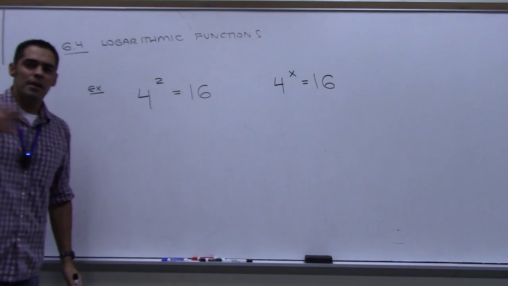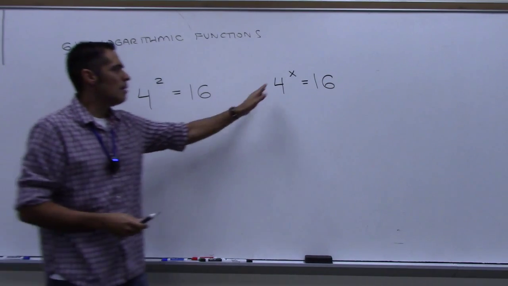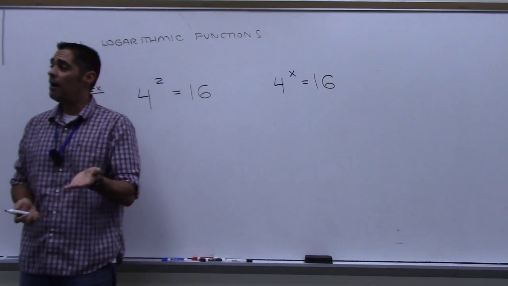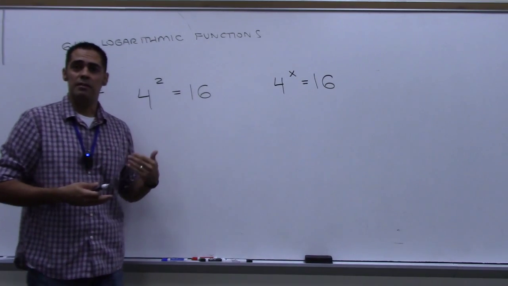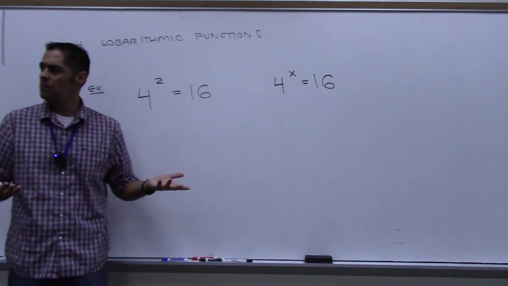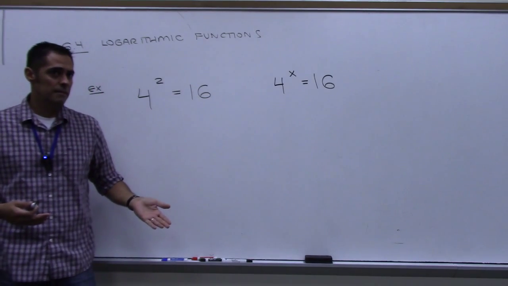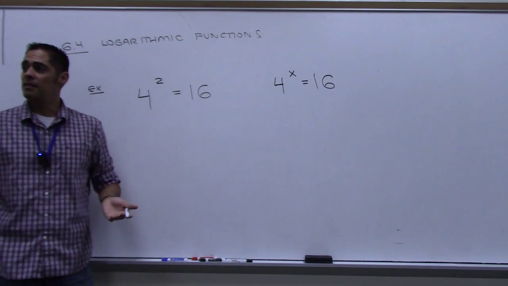But if I'm trying to explain this to somebody, how would I tell them what I'm looking for here? Like in words, I would say something like, I'm trying to figure out what power I raise 4 to in order to get 16, right? That's what I'm saying? What power do I raise 4 to in order to get 16? 2, right? But me asking the question, that's how I have to say it.